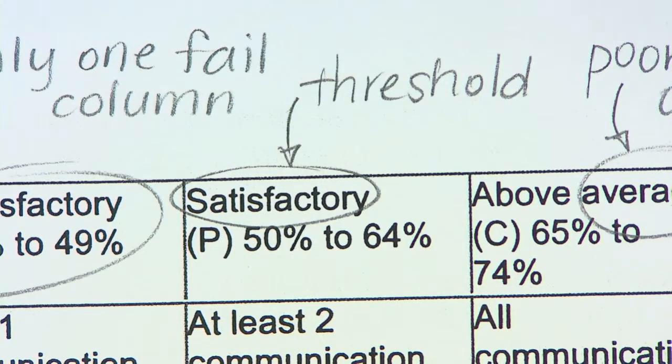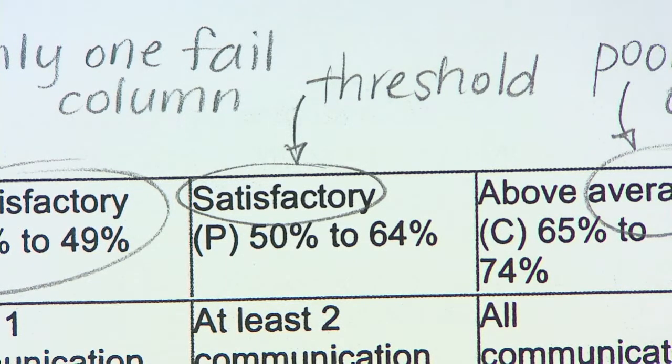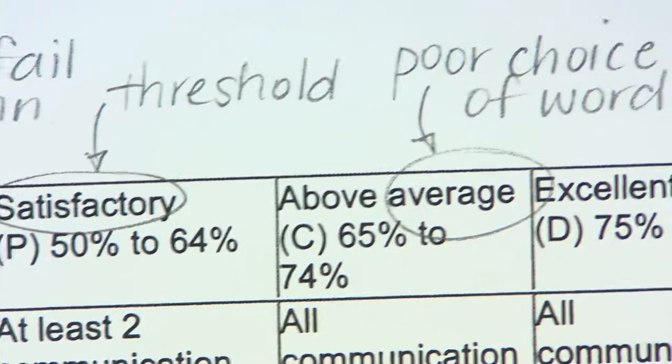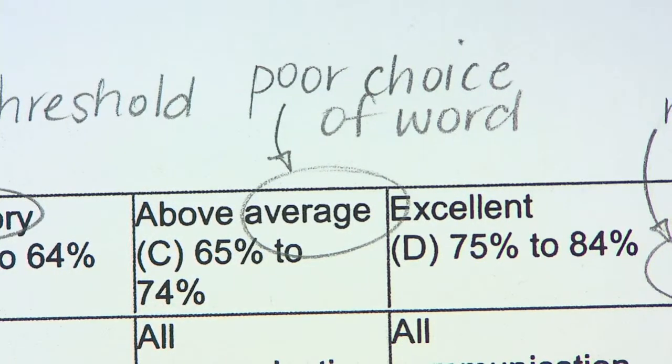Okay. So now I'm going to draw attention to the wording used for the standards themselves. The word satisfactory is not problematic if you mean satisfactory to relate to satisfying the outcomes that are associated with the assessment. However, above average in the next column here, as you can see, is a poor choice of word.